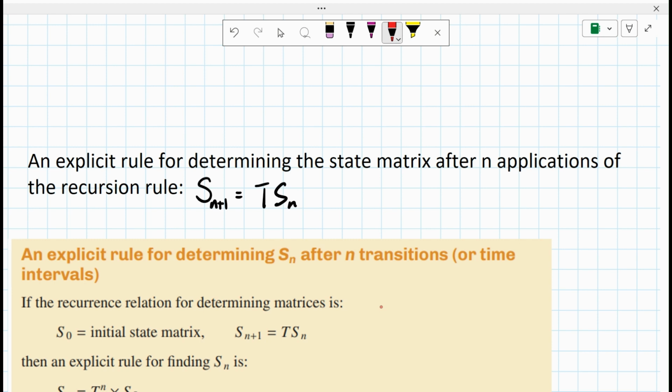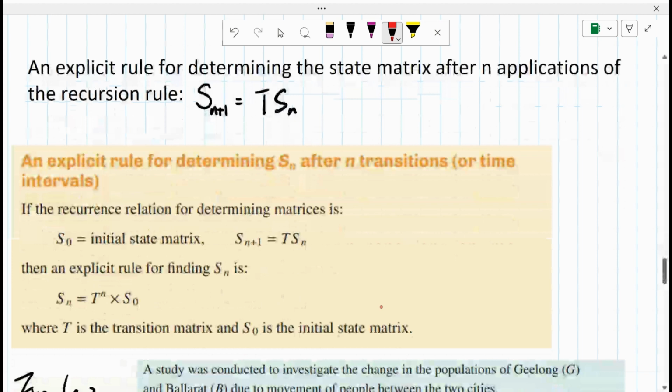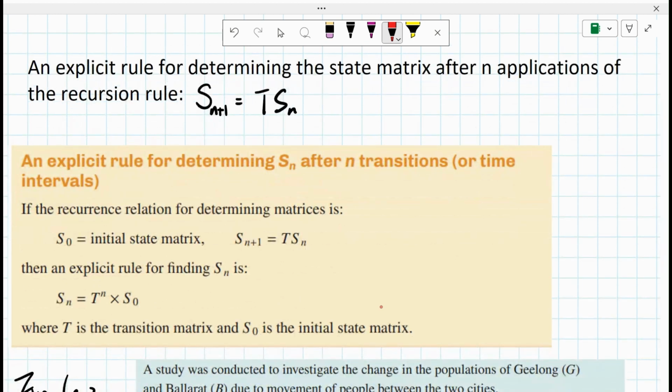After n transitions, you keep going with the transition, but doing it n times individually is hard and takes a long time. Is there an easy way to use the recurrence relation with the matrix? We could start with the initial state.